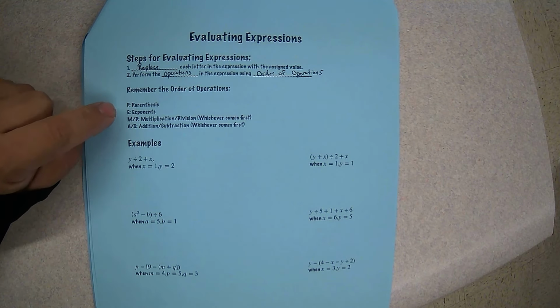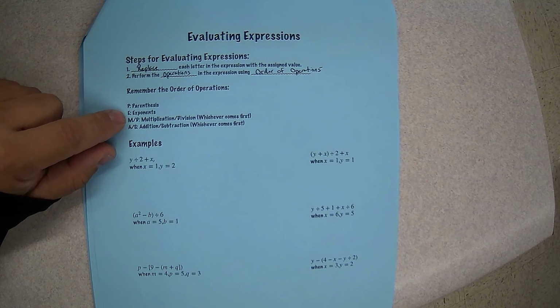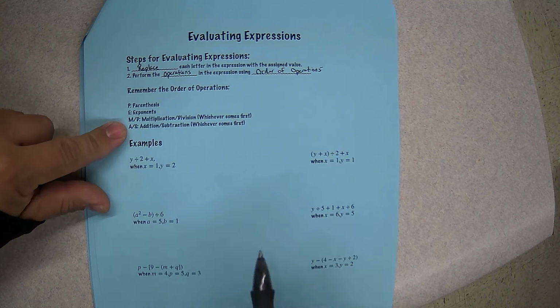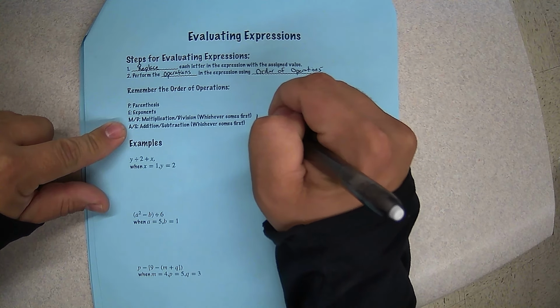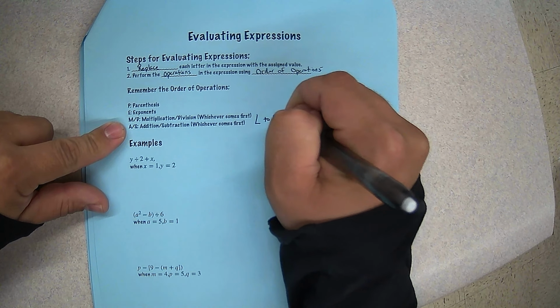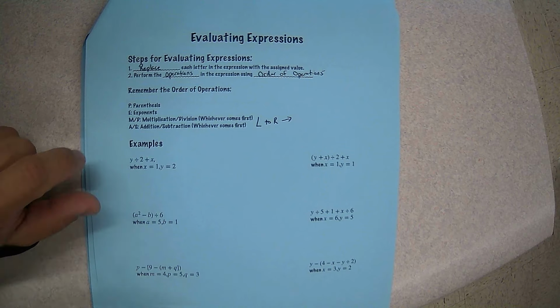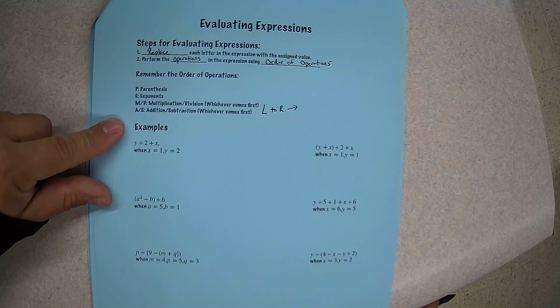Remember, our order of operations are parentheses, exponents, multiply or divide, addition or subtraction. Remember, these come left to right, and you do whatever one comes first. PEMDAS, please excuse my dear Aunt Sally. Any way that you remember that.